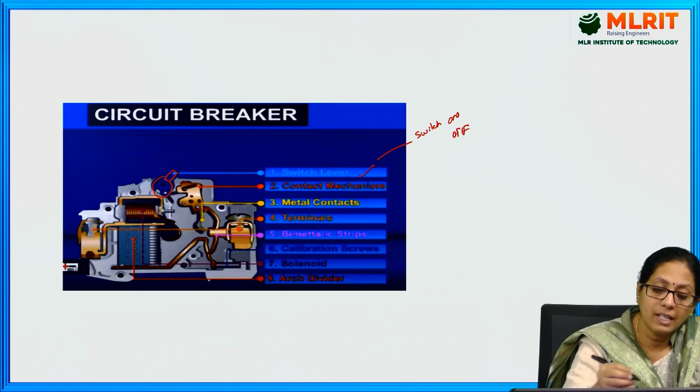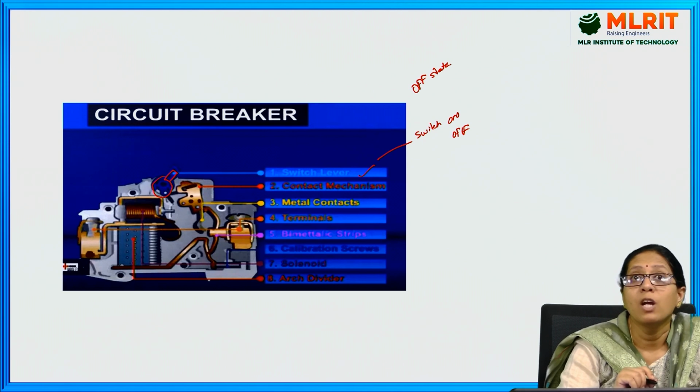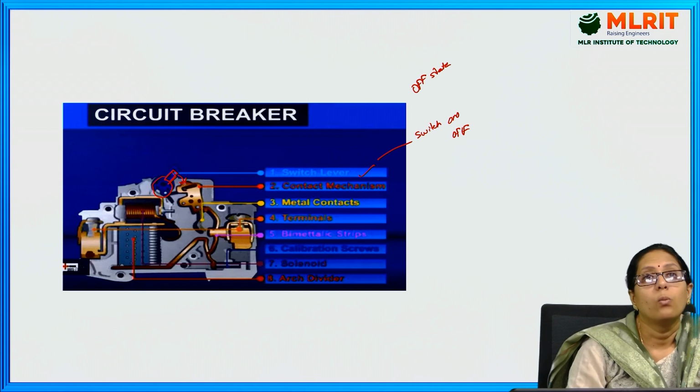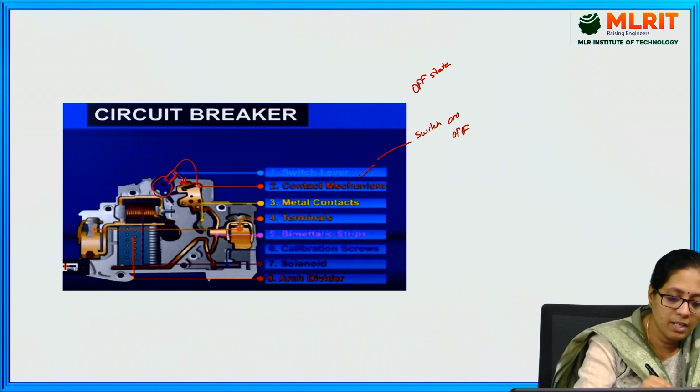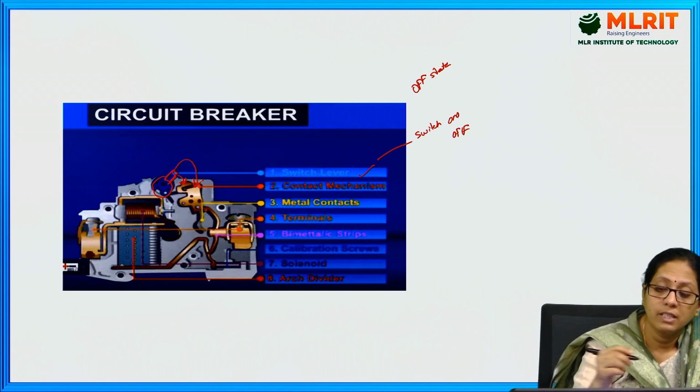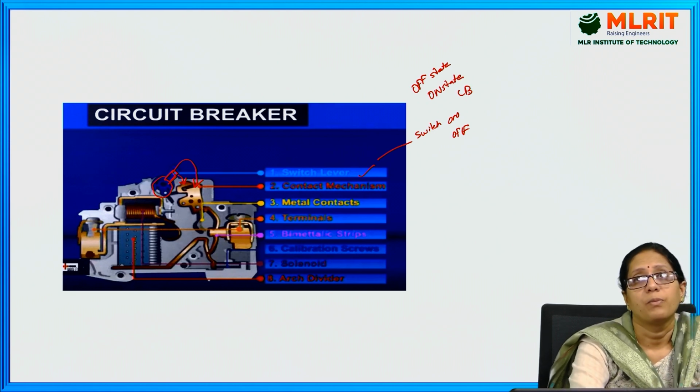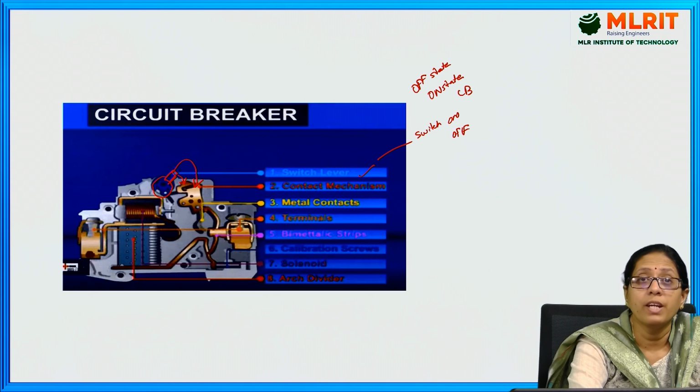Presently in this diagram, it is in the off state. When this lever is connected to this, then it becomes the on state of a circuit breaker.